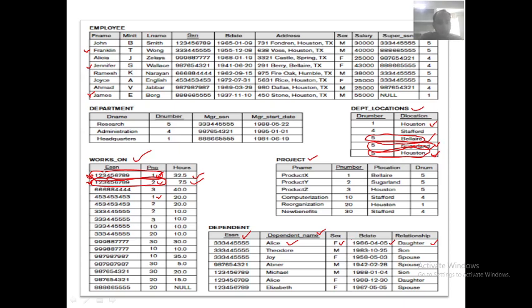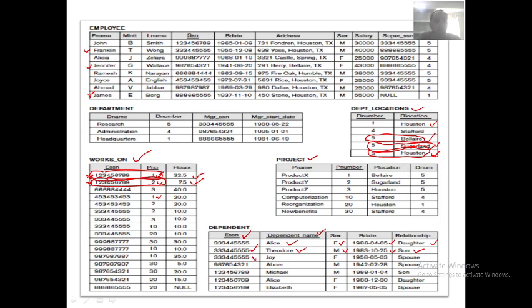Got it? For that Franklin, she is the daughter. Now for the same ESSN number, who is that person? Franklin. That Franklin has one more dependent, that is Theodore. He is male and his date of birth is 1983 October 25th, and the relationship between that Franklin and the dependent is son.